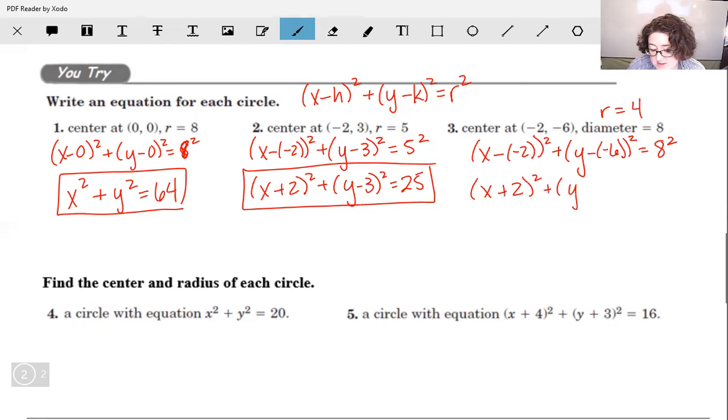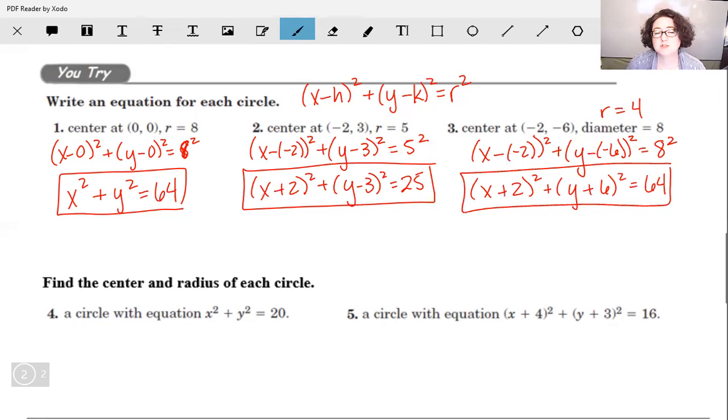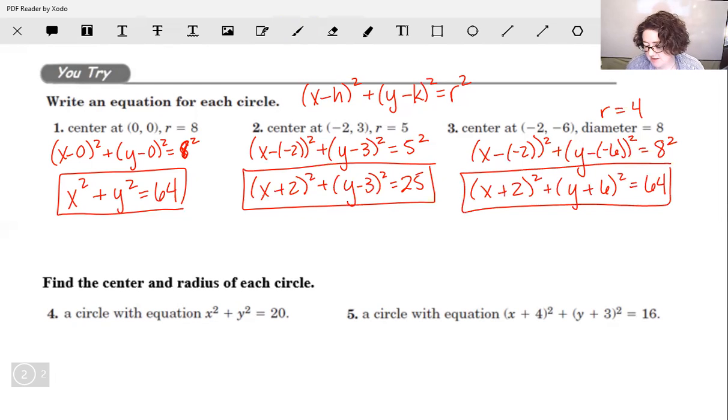So, if you can skip that step, awesome. If you want to take the extra step of writing everything out, then simplifying, that'll ensure that you always have a chance to double check your signs, double check that you found the correct radius, and that you squared it for your final answer.